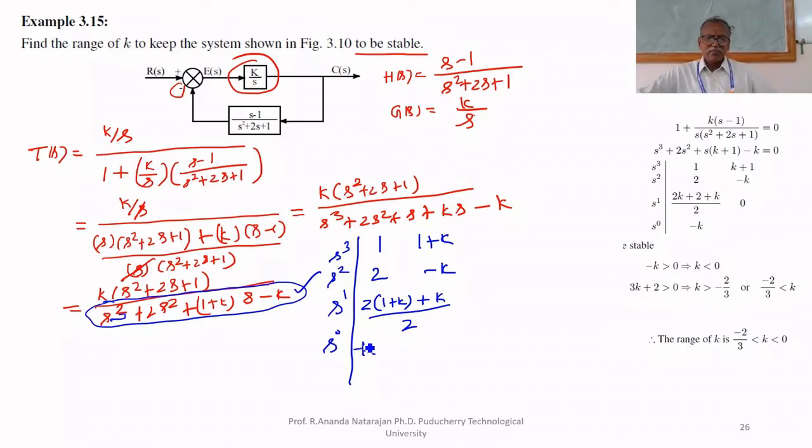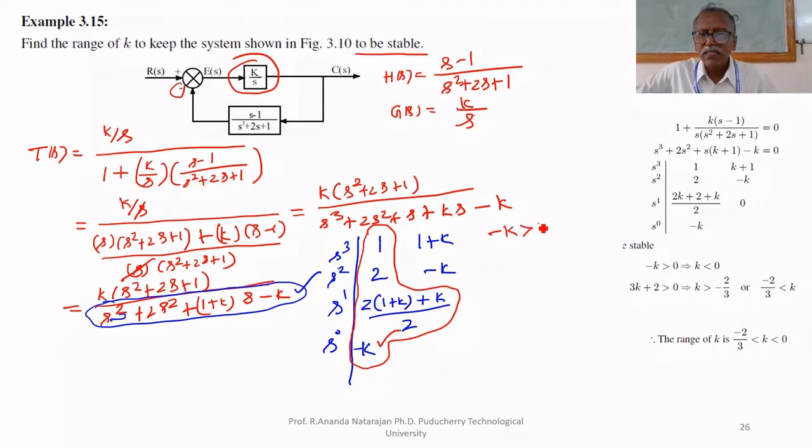Therefore, all elements in the first column must be positive. That's why, if we take this, -k should be greater than 0, or k should be less than 0. That is the first condition: k must be less than 0.